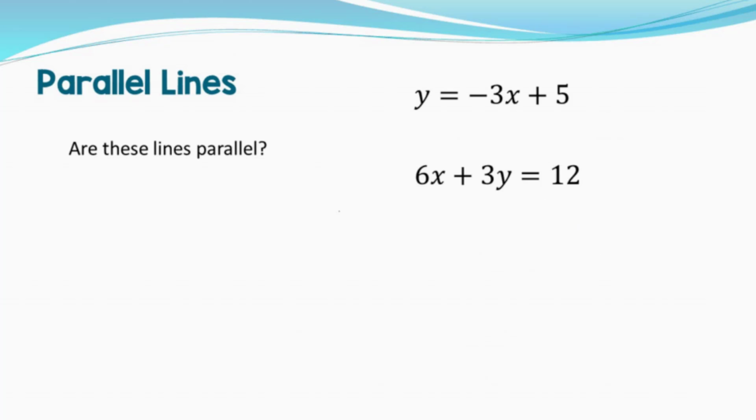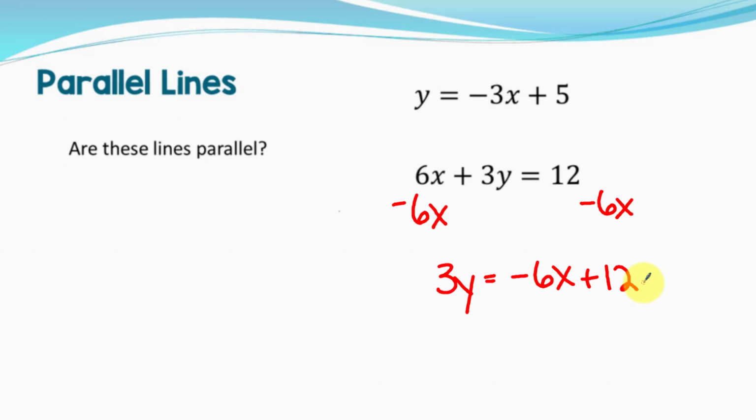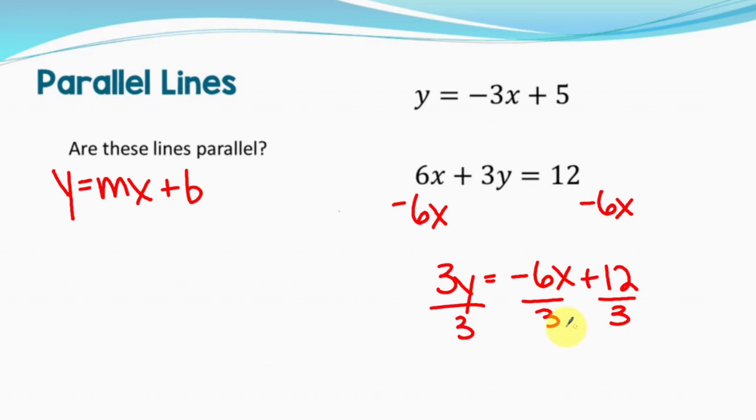Okay, here's a trickier one because this 6x plus 3y equals 12 is in standard form, so I need to switch this around. Now I've got 3y equals negative 6x plus 12. So once again, I'm getting it into y equals mx plus b format. All right, next step is divide everything by the coefficient of the y.